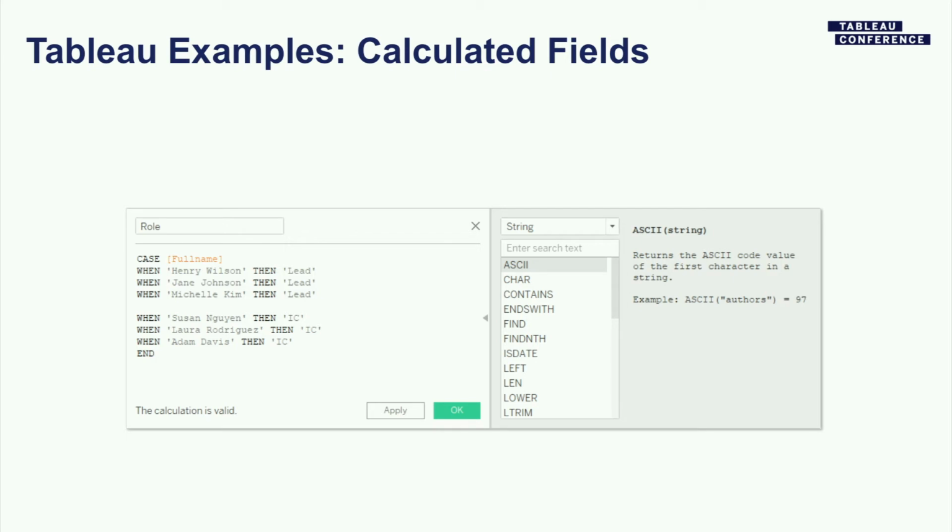And if that full name is Henry, Jane, or Michelle, then I'm going to create a new value of lead. If it's Susan, Laura, or Adam, I'm going to create a new value of IC, individual contributor. And so now I've created some new data of whether these people are leads or an individual contributor, and now this is new data that I can use to work with in Tableau. And so this is an example of string manipulations, but there's lots of other sorts of manipulations you can do as well.